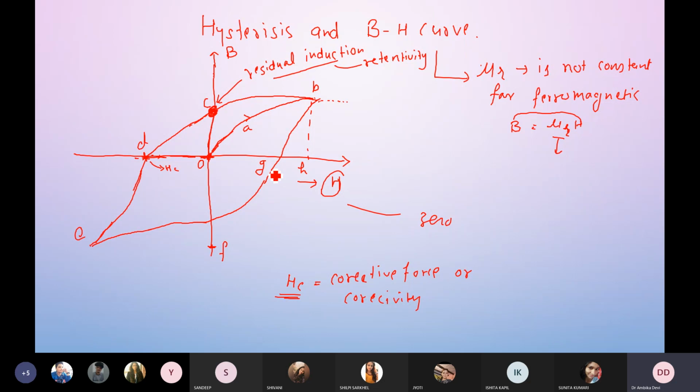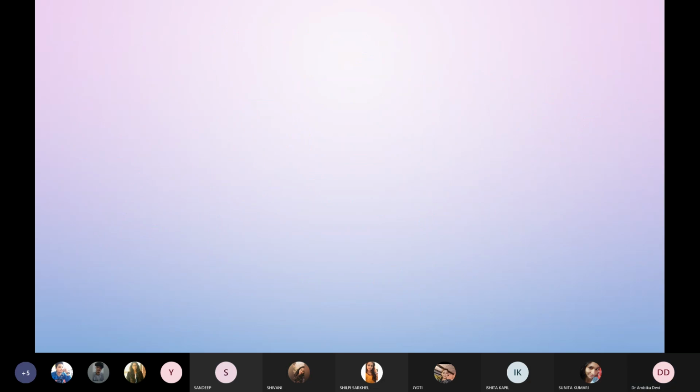Now, next one is antiferromagnetism. So students, in ferromagnetism, we have seen large amount of magnetization is there, and the magnetization is due to the formation of the domains, right?